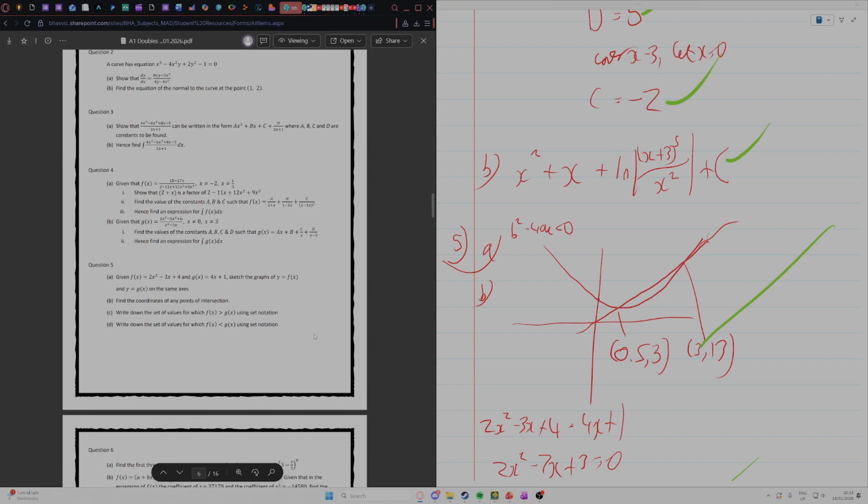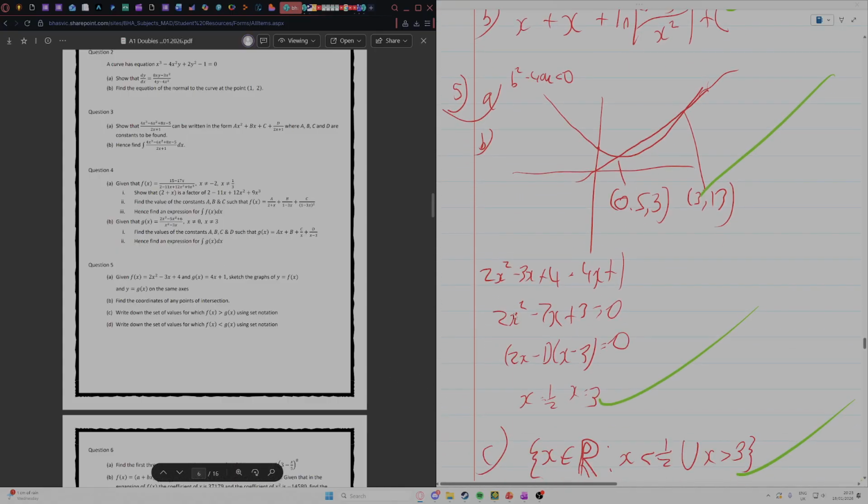Next question, there was a very similar question a couple of assignments ago, where f of x is greater than g of x, f of x is less than g of x. For your sketching, to find the coordinates of points of intersection, you set them equal to each other, factorize, find your x values, and then substitute them back into the line or any equation.